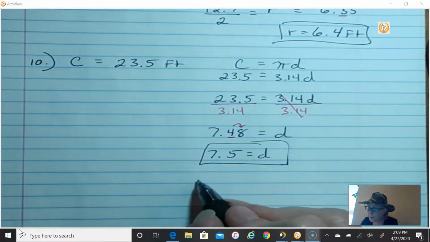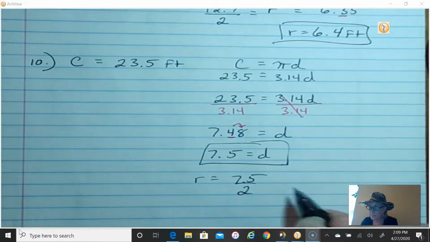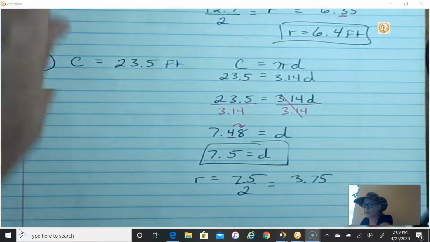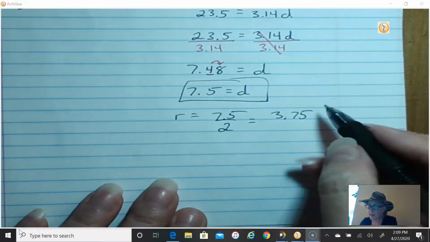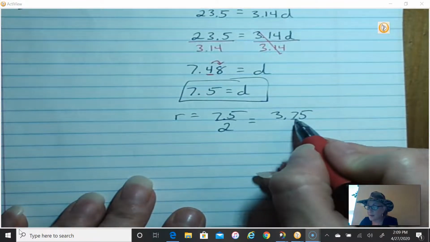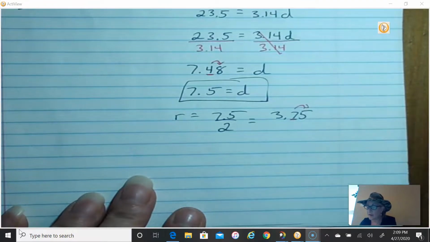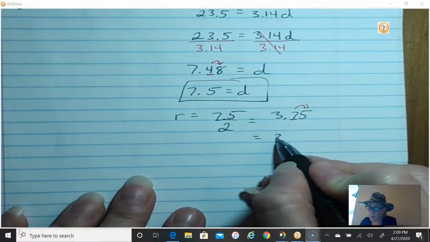Radius, remember, all you have to do is divide by 2. You get 3.75 if you're using a calculator. And it says to round to the nearest tenth. So I look to the right. That's 5 or greater. So then my answer for my radius is 3.8.